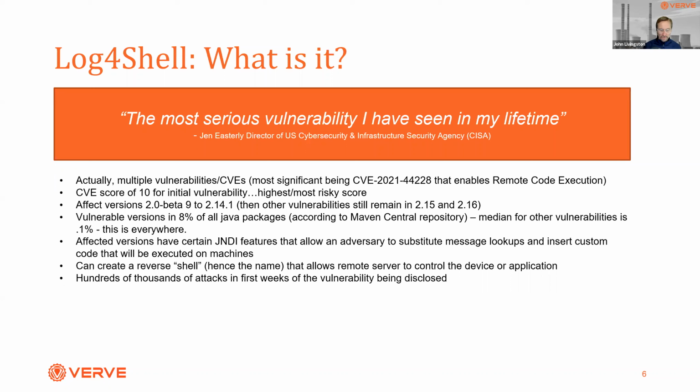If it's an affected version, it has certain features that allow an adversary to substitute the message that communicates outbound and then comes back in. They can substitute messages in that lookup, and on that return path send pretty much anything they want into that application. So they can create what's called a reverse shell that allows a remote server to control the device.